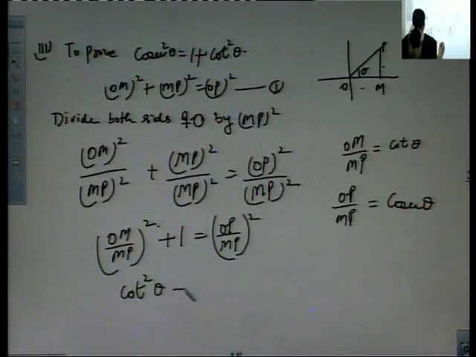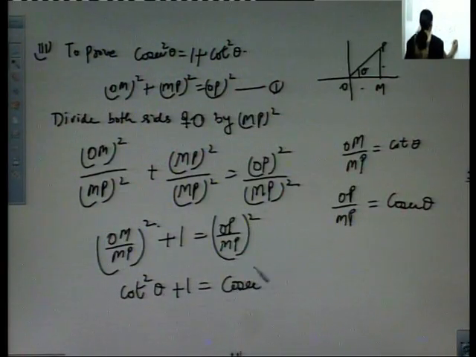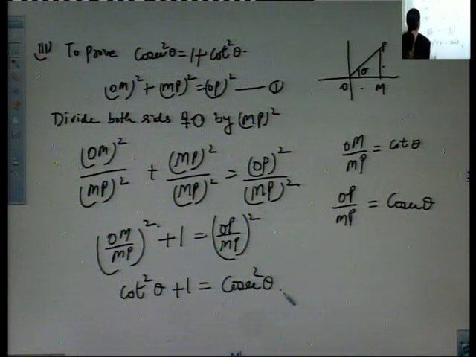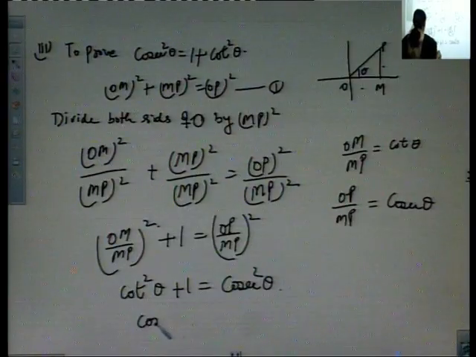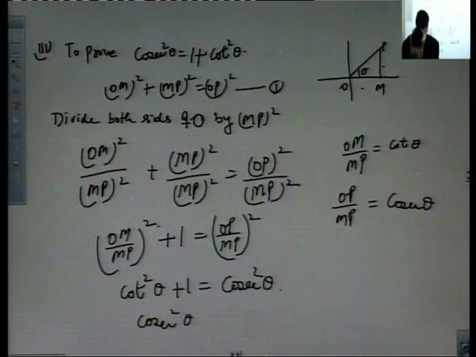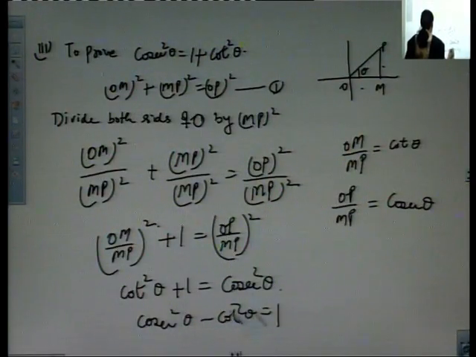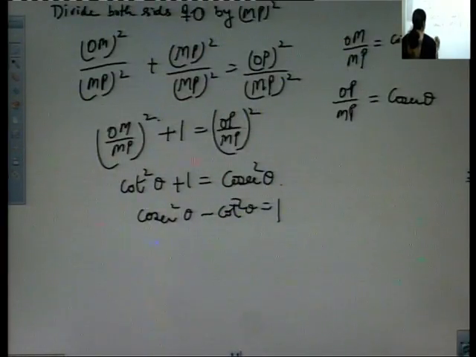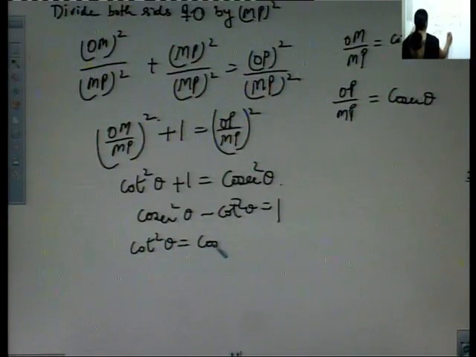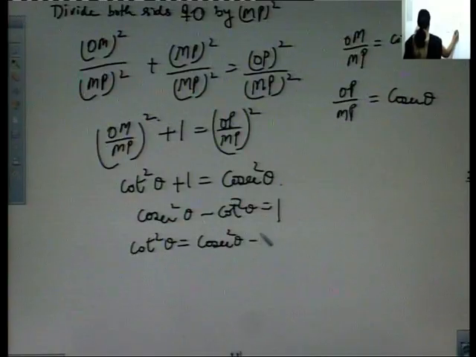Cot square theta plus 1 equal to cosecant square theta. So we have proved the relation, and we can also say that cosecant square theta minus cot square theta is equal to 1, and cot square theta is equal to cosecant square theta minus 1.